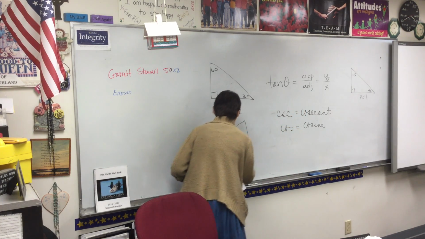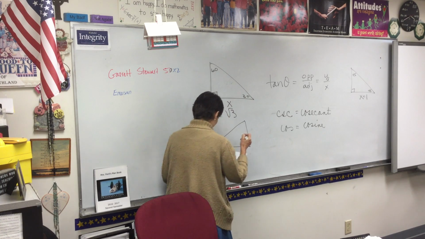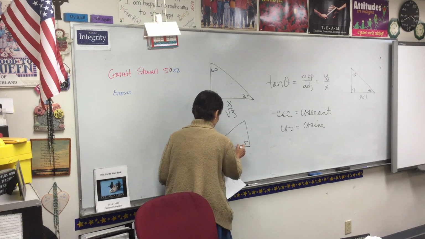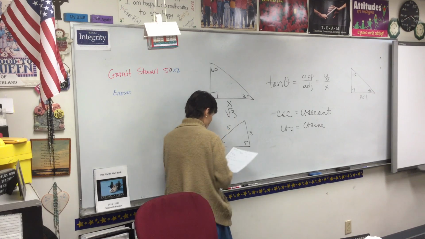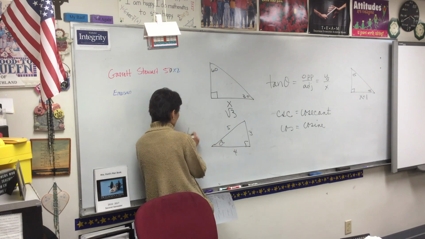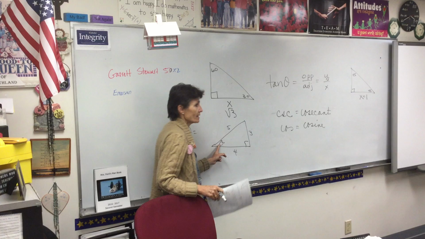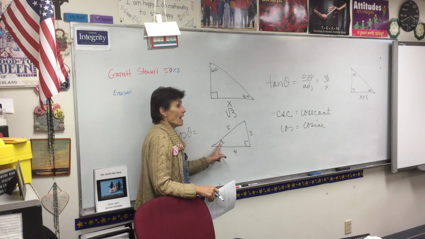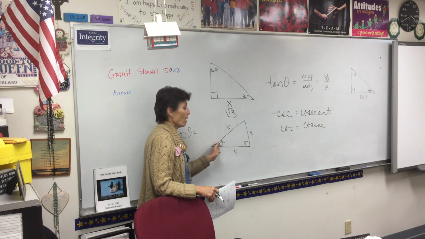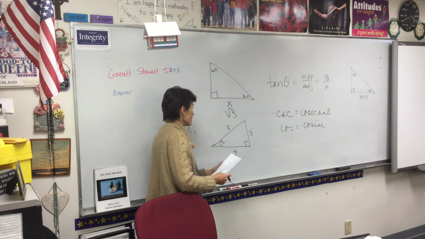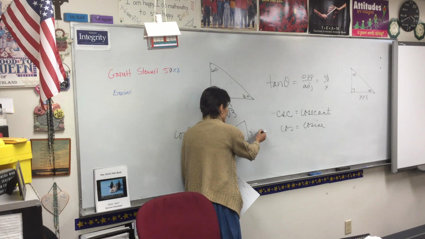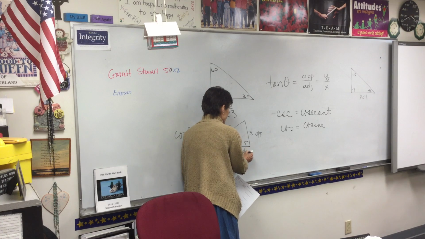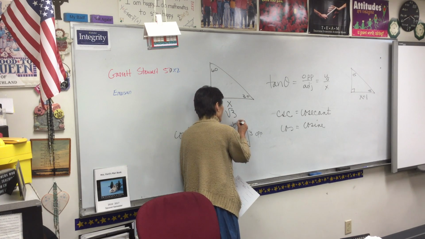And then I got a triangle drawn. Theta here. 4, 3, and 5, and you want to know the cosine of theta. So the cosine of this angle. Now, based on where that angle is, you know this is the opposite side, and this is the adjacent side, and this, of course, is the hypotenuse, right?